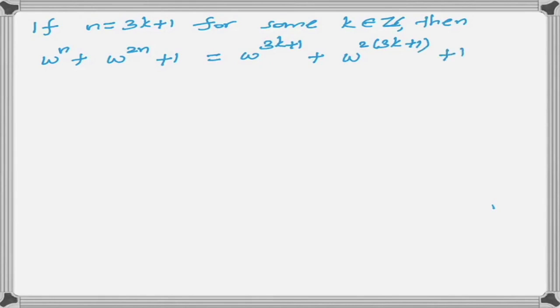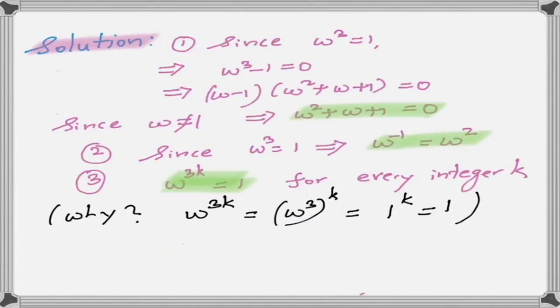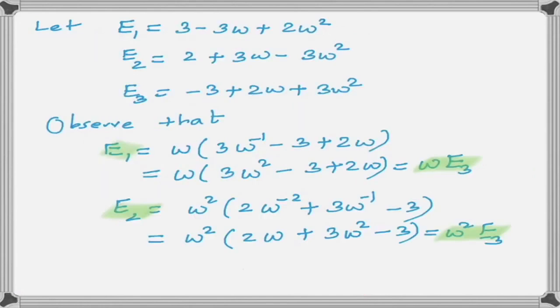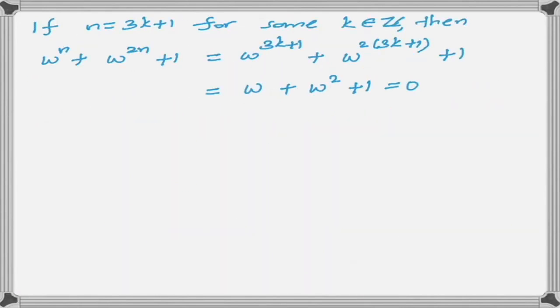Again, since omega to the power 3k is equal to 1 for every integer, we get omega plus omega square plus 1, which is equal to 0 by the remark which I gave before. So let me recall that. By remark 1, we know that omega square plus omega plus 1 equals 0. So we see that if n is of the form 3k plus 1, then omega to the power n plus omega to the power 2n plus 1 equals 0.